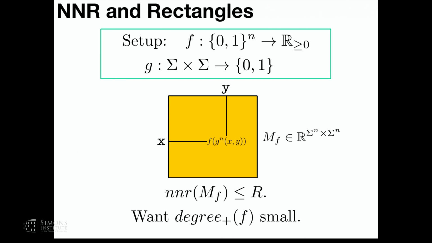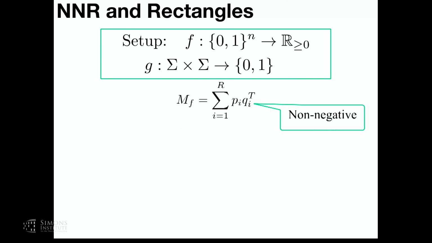So how can we find a small degree plus certificate for f? Let's see what the non-negative rank assumption means. Just from the definition, M_f having small non-negative rank means that I can write it as a sum of rank 1 matrices where the factors are non-negative.